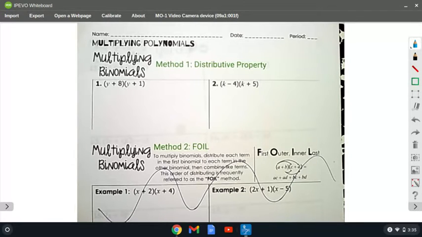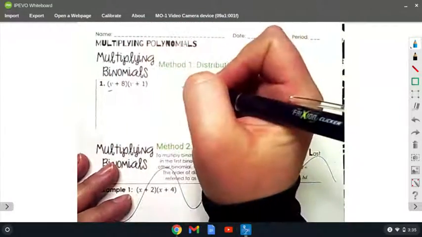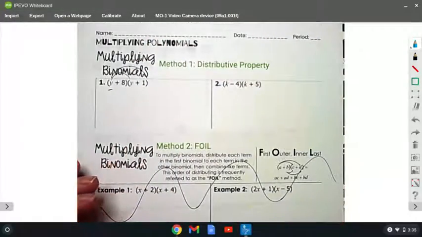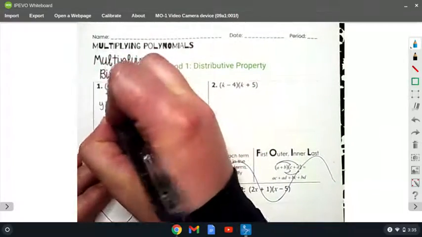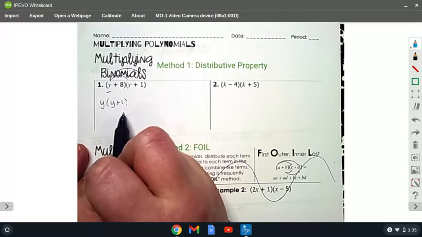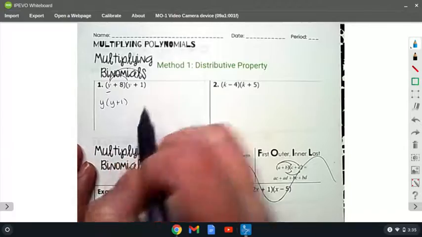So with the distributive method, we always need to make sure that each term multiplies by both terms in the other parentheses. So this y has to multiply by both terms in the other parentheses. So I can take this y out and multiply by y plus 1. If that helps you visually, you can pull that y out, multiply it by y plus 1.